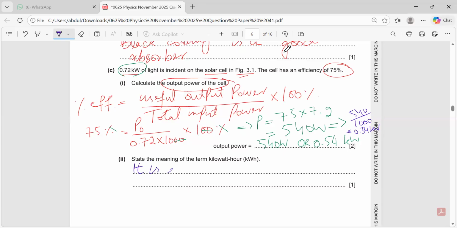It is electrical energy transferred. Kilowatt hour, so this is energy.